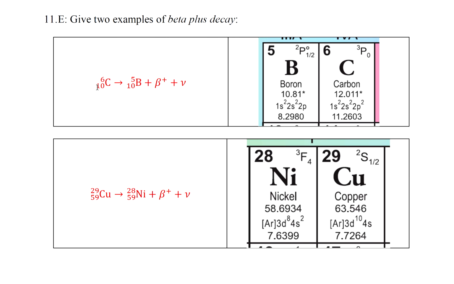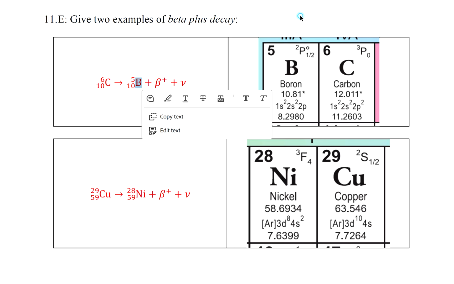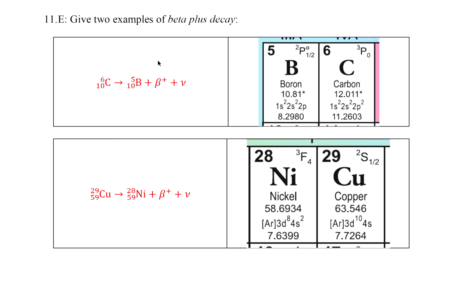So you notice this 10 on the bottom is the same as this 10 on the bottom, because the number of protons plus neutrons in carbon is going to be equal to the same number of protons plus neutrons in boron. Except we have 1 less proton and 1 more neutron.